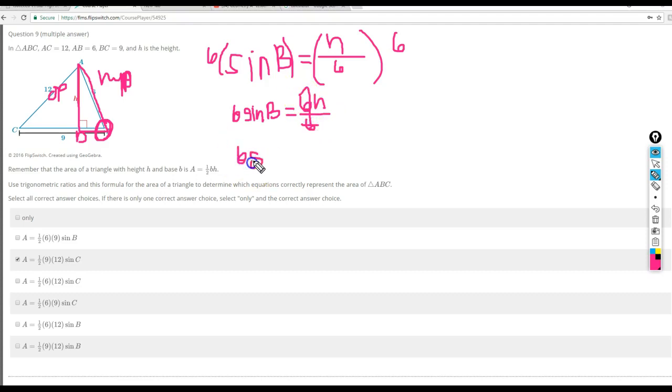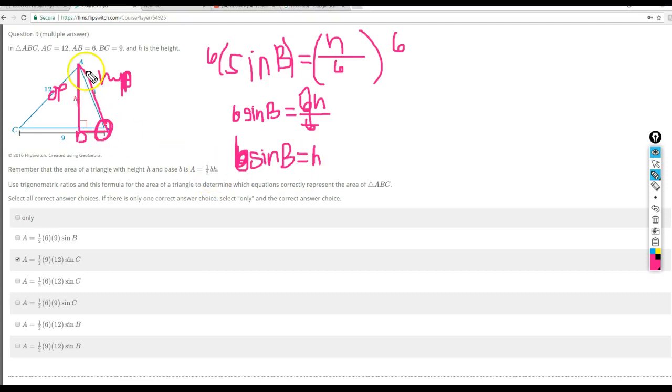So we have 6 sine of b, which equals 1h, or h. Alright, so by substitution I could use 6 sine of b instead of h in our equation.